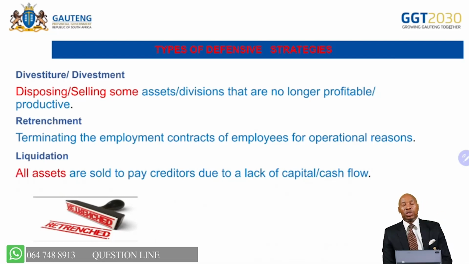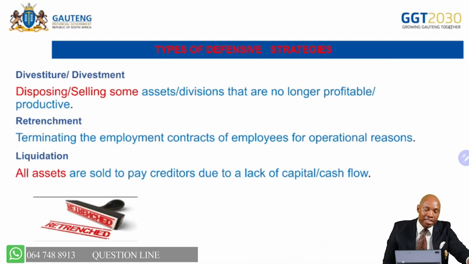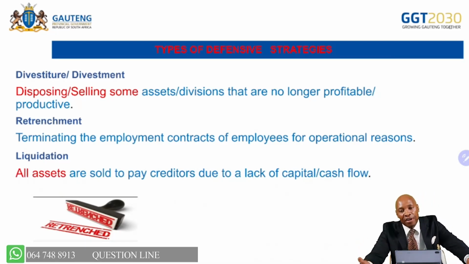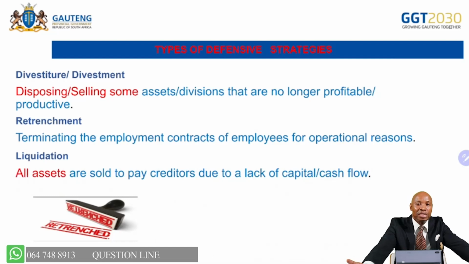Now remember, as we were doing our PESTLE analysis, we had those components of PESTLE analysis posing a challenge to a business. In this case, we are responding to economic factors because we are a business that is operating in an environment. The economic conditions are such that as a business, we are no longer making profit. So things have changed.